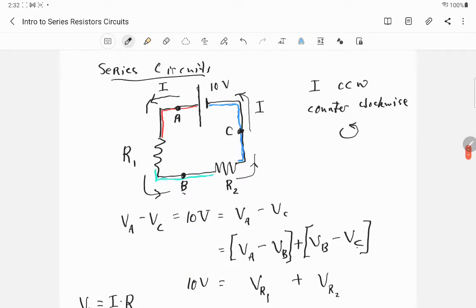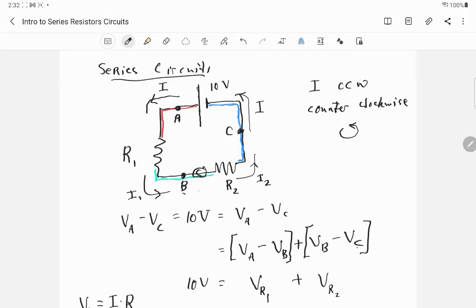When I go around here, and if I was to identify that this one was current 2 and this one was current 1, and they were different, if current 1 was bigger than current number 2, that means that coming into somewhere in here is more charge per time than what's leaving. And that's a no-no.